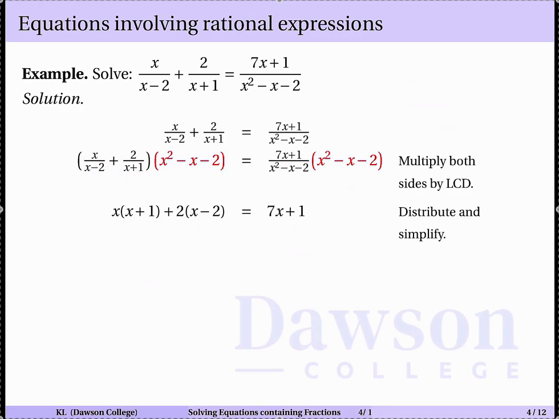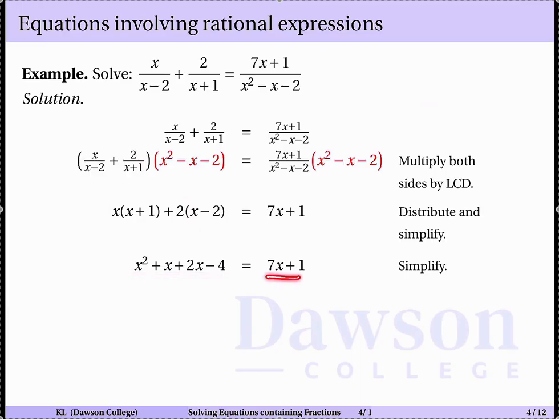And then we just expand this multiplication and then simplify. So in here, we distribute this over this and this. Here, we distribute this over this and this. So we have x squared plus x plus 2x minus 4.